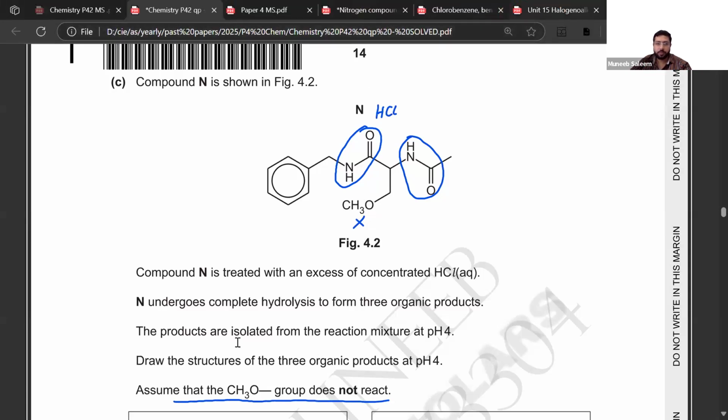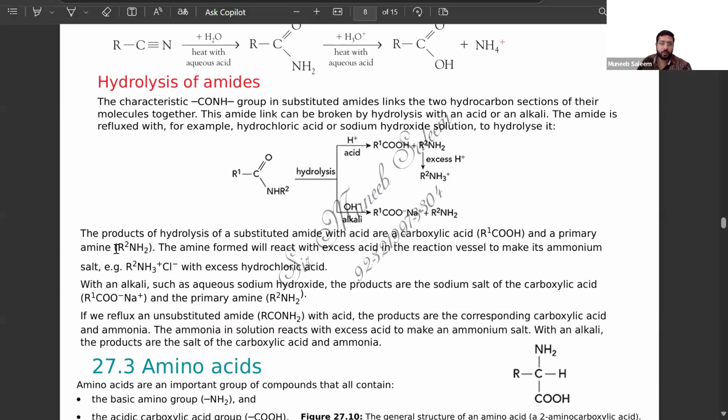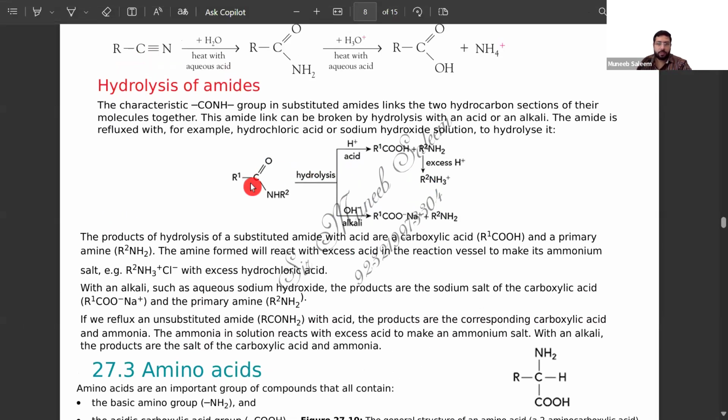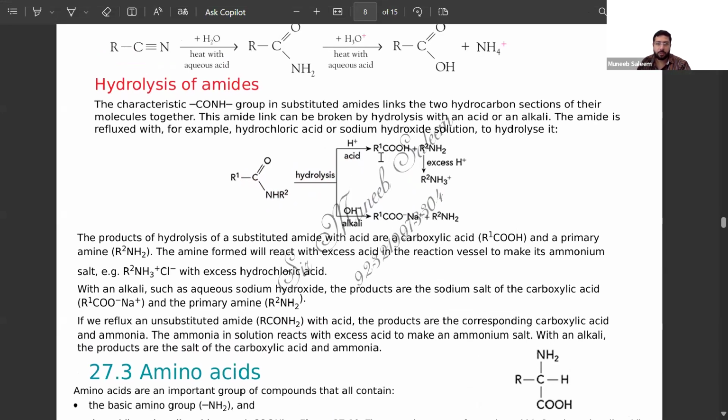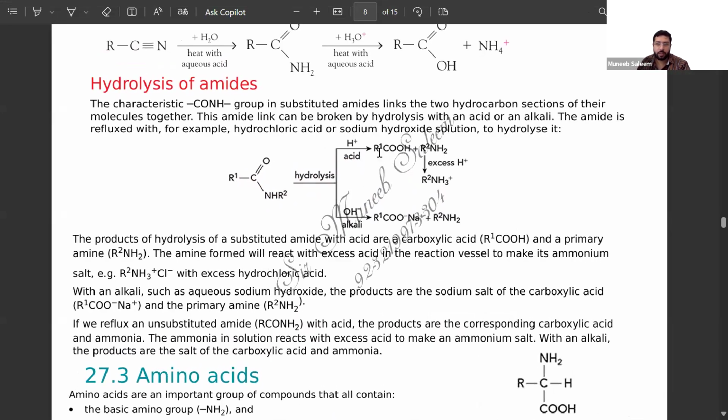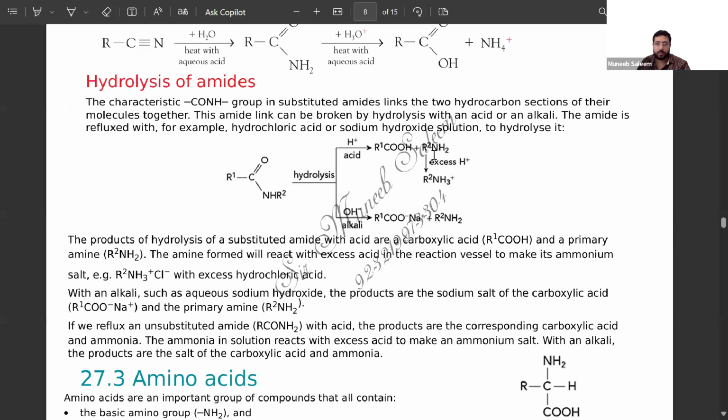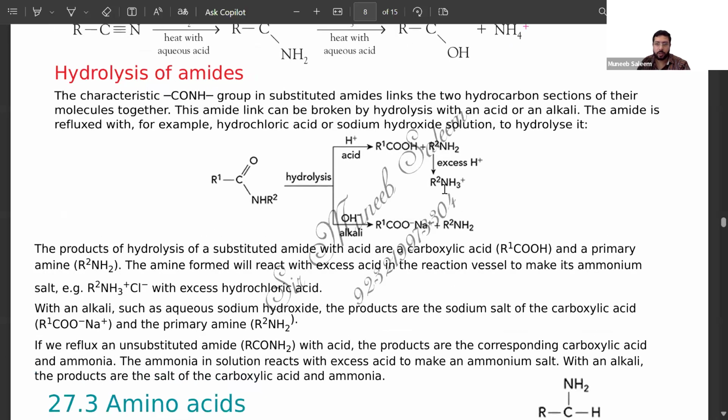So for this purpose, I'll show you my notes here. It says that when the compound is amide and it goes through hydrolysis with the acid, then what happens? We see that there is a formation of the carboxylic acid over here, and there's also the formation of the primary amine compound.